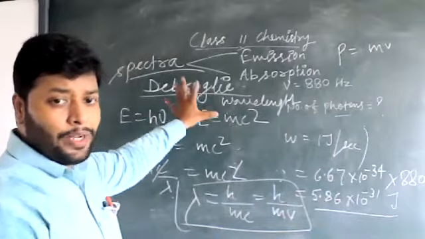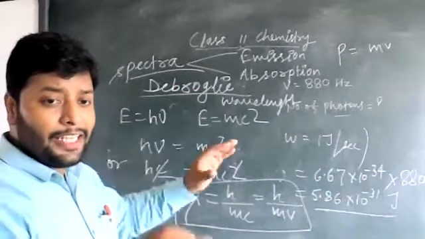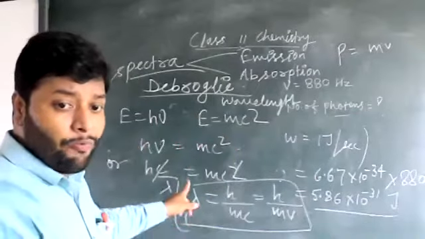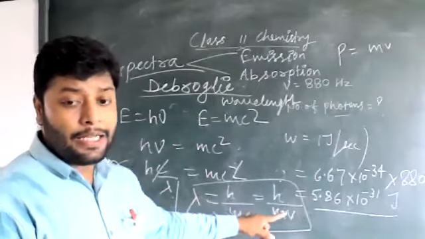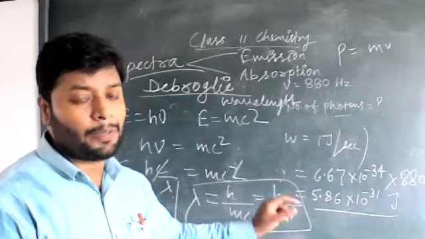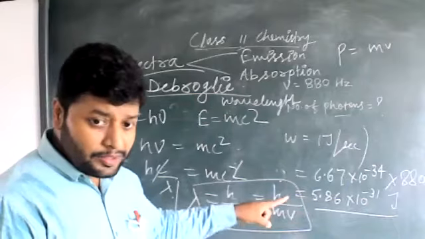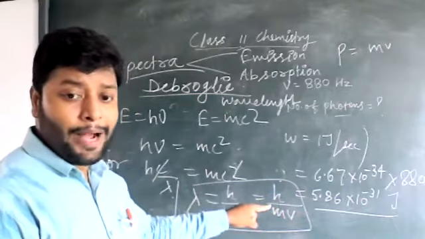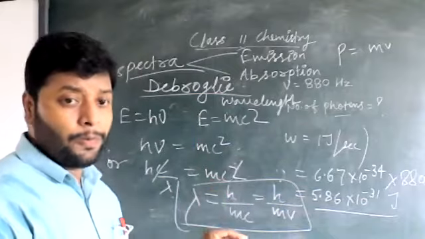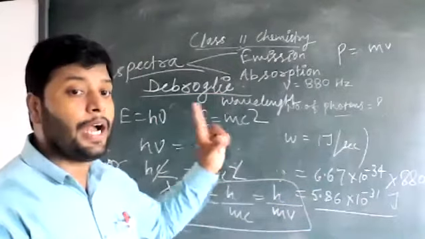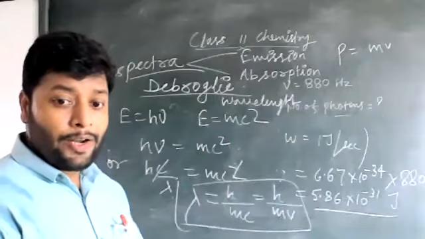So according to de Broglie, there is a relationship between the wavelength of the particle and the mass and velocity of the particle. You can see from the equation, when mass is very, very low, lambda will be very high.